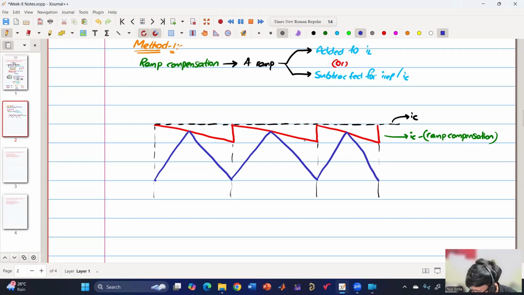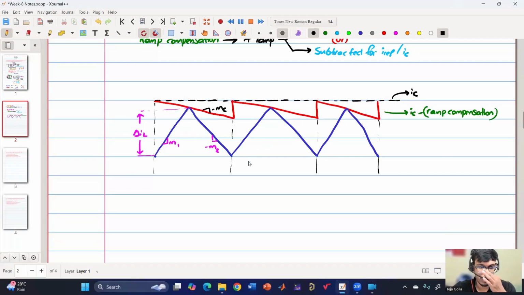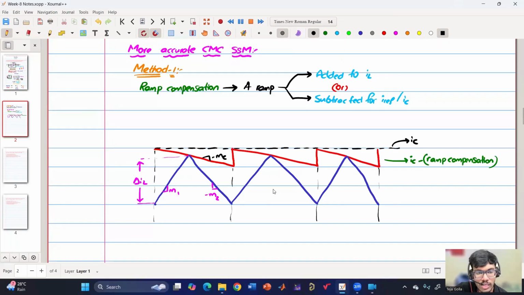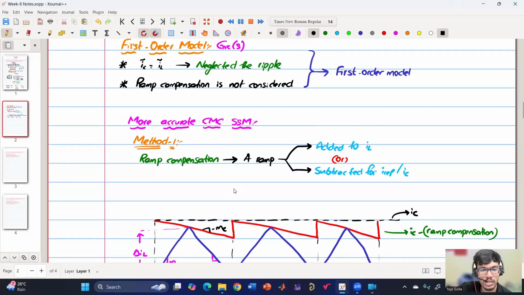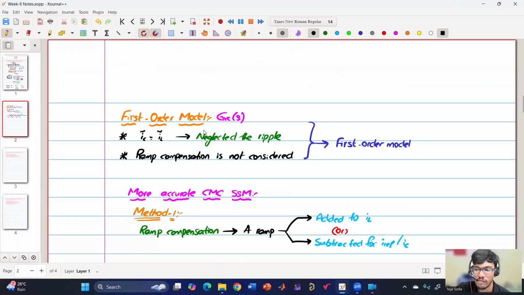Let us assume the slopes are M1 and minus M2, the ripple is delta M2, and the slope of this is minus MC. This is the overall timing diagram where we have not ignored the ripple, and we have also considered the ramp compensation, which were not there in the original first order model.